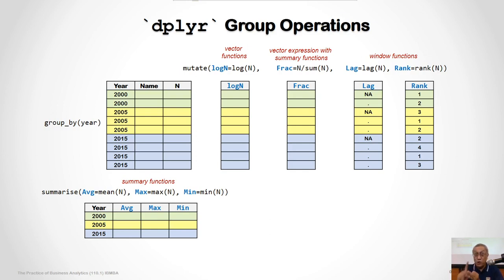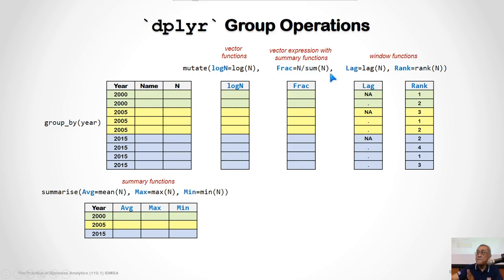But group mutate is useful in two different scenarios. This is the thing that I would like to explain to you. These two scenarios are very useful. Now the first scenario is in the expression: when you mutate a new column, if you use a summary function. For example, I mutate a new column called fraction, and fraction is defined by n divided by sum of n.